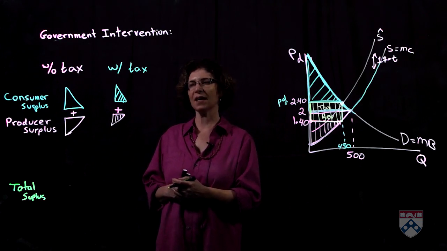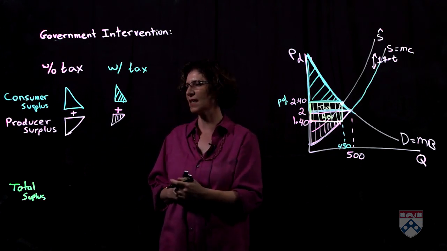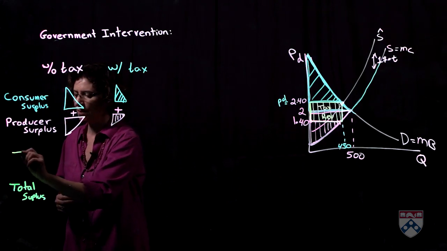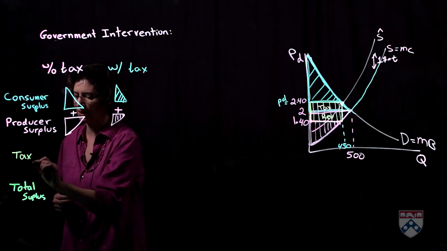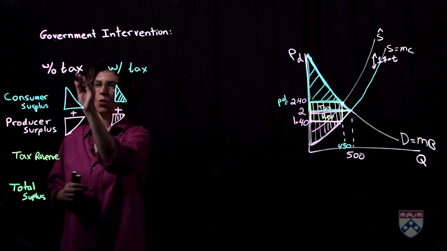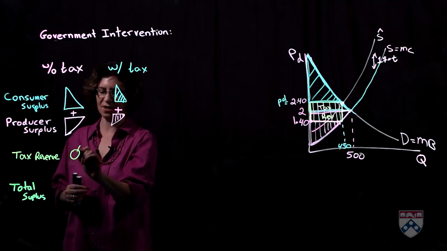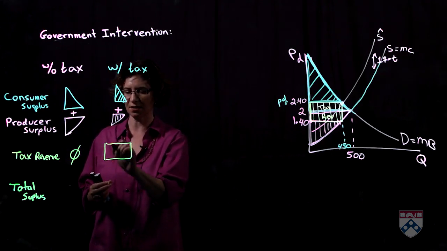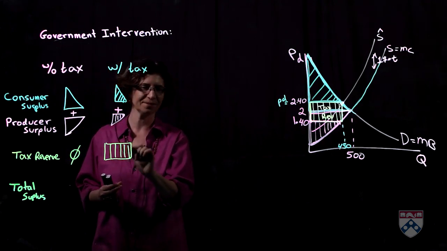So when we calculate the total surplus with tax, we have to think of the consumer surplus, the producer surplus, but we also have to think about the tax revenue. Without taxes, the tax revenue is of course zero, but with taxes, it's this rectangle, and we mustn't forget it.